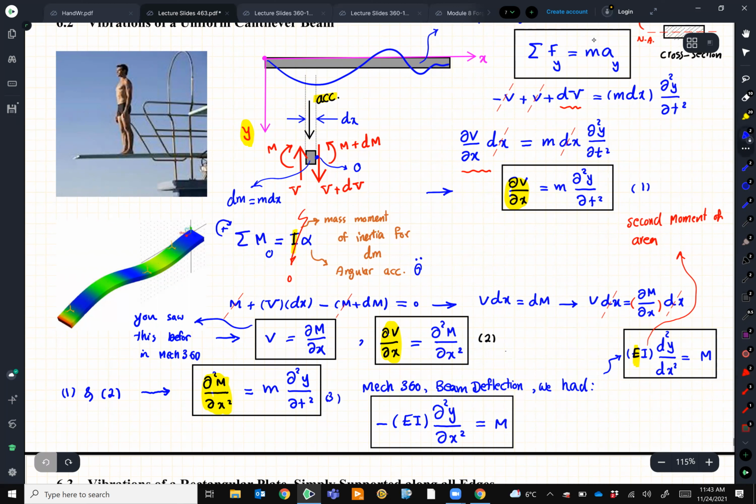What I need is the second derivative of M with respect to x, so I need to do the second derivative. From here, I can find that the second derivative of M with respect to x is equal to EI, which is constant, times the fourth derivative of y with respect to x. Let's call this equation 4.